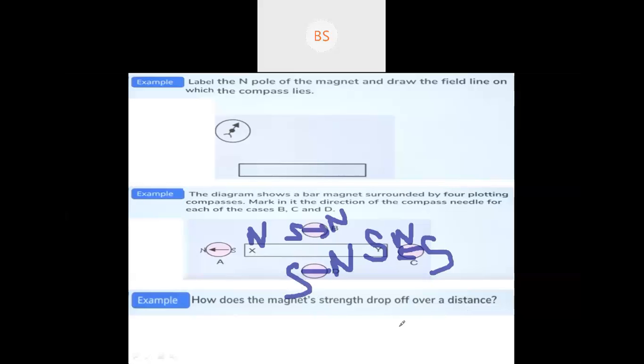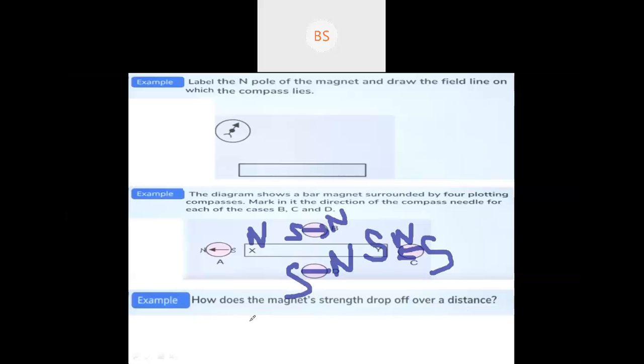For example, you have kept a magnetic material and taken one magnet, and both are nearby. But when you take that magnet away from the magnetic material, you are increasing the distance between the magnetic material and the magnet. At that time, automatically the force of attraction, or you can say the strength of the magnet, exponentially decreases. This is the answer for the last question.